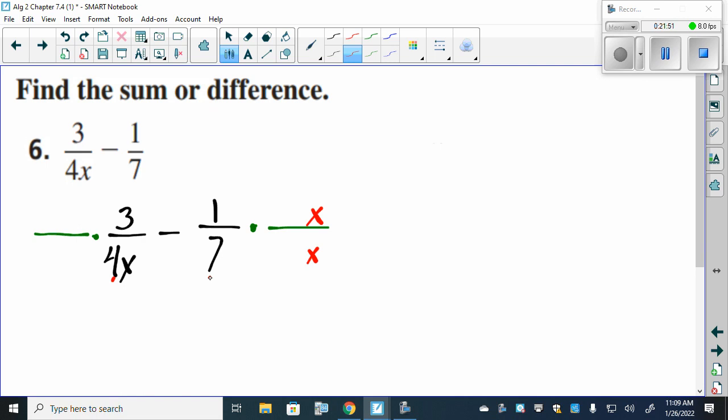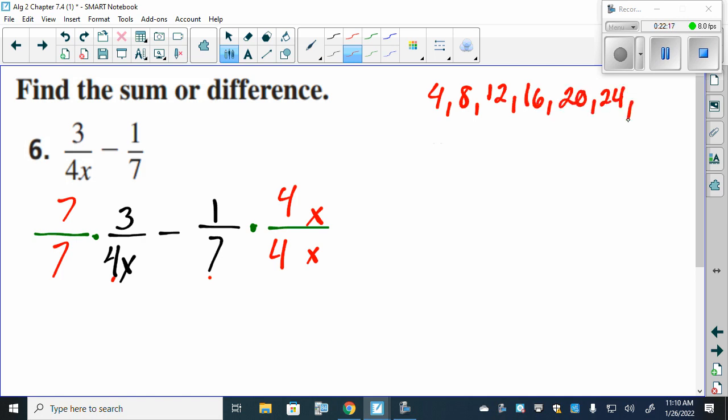Now it could work out that we could say that this is 4 and 4, and this is 7 and 7. But we need to be careful with it just in case that's not the smallest number. And I could check that with saying 4, 8, 12, 16, 20, 24. That might be enough.